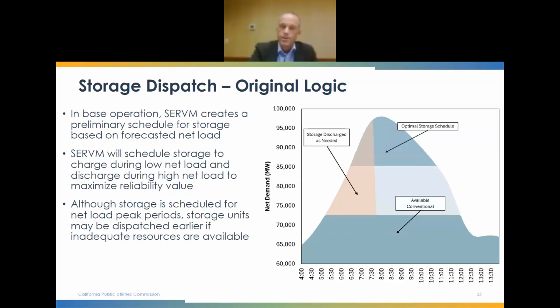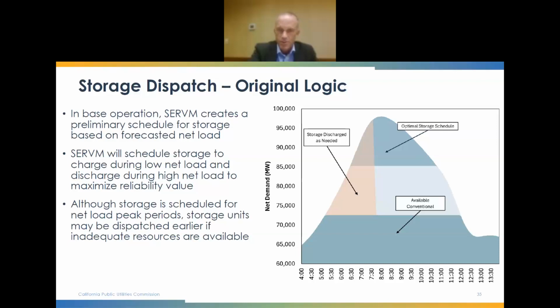We can either use all the storage that we have as available until it's exhausted. Once it's exhausted, we're just going to have lots and lots of unserved energy. Or we can optimize the storage schedule and use it to shave the net load peak. When we do that, we'll essentially have equal expected unserved energy across that entire dispatch window.